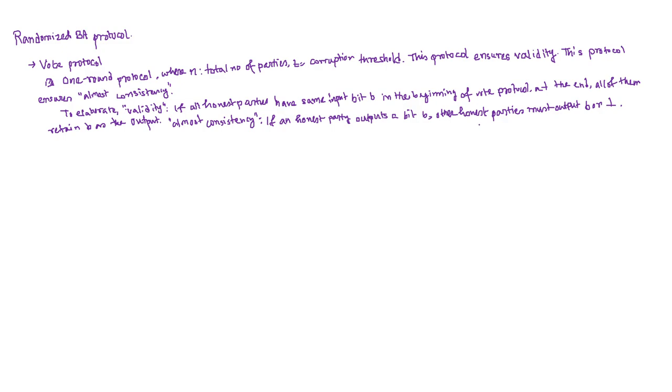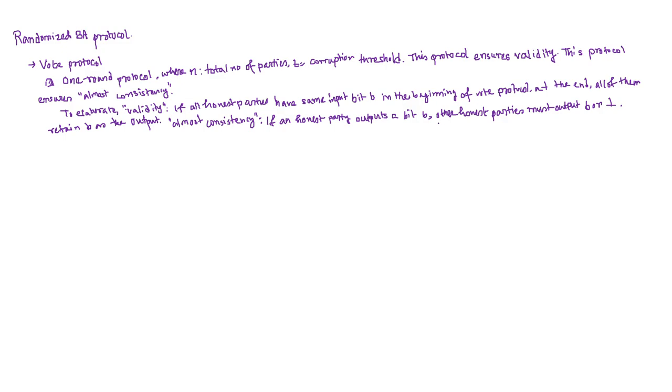So if it were the case that some honest party outputs a bit B and another honest party outputs 1 minus B, the complement of B, then it would not have been a consistent protocol.